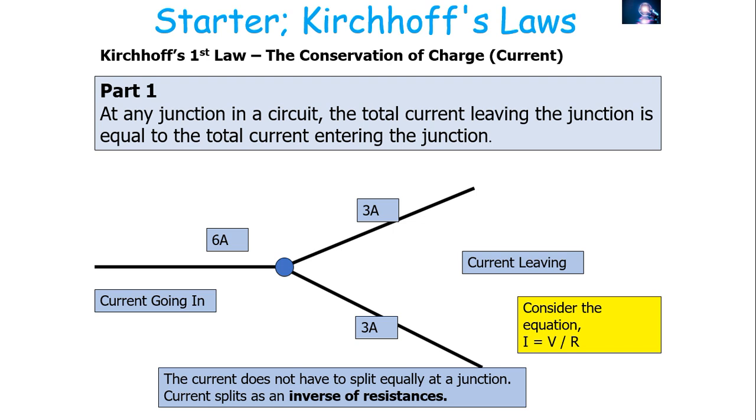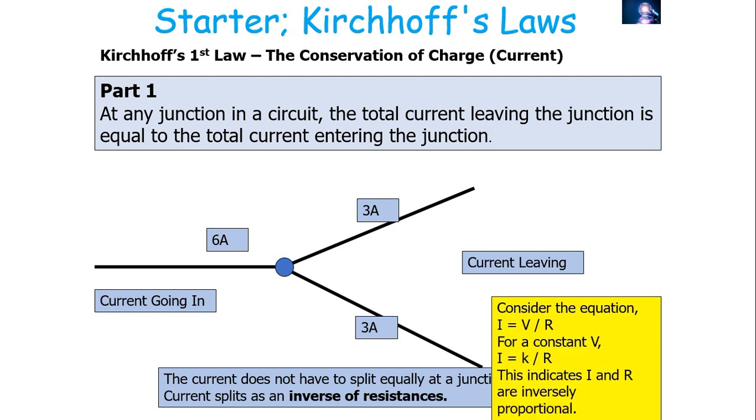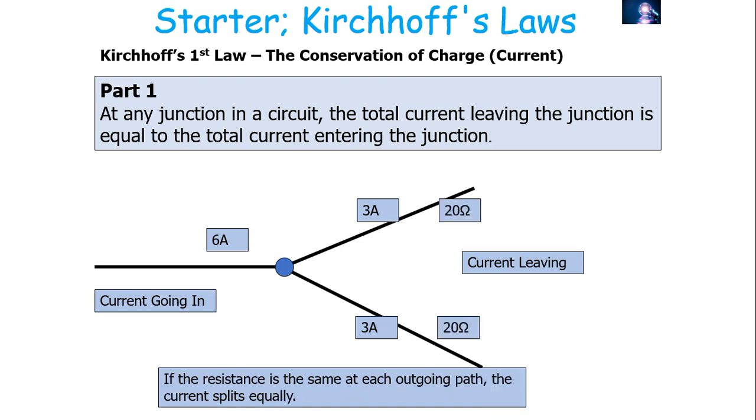Now, if you want to consider it mathematically, consider the equation you covered at GCSE. Current equals potential difference divided by resistance, or I equals V over R. So if we have a constant potential difference, a constant V, we can then pop in a proportionality constant K, so I equals K over R, which indicates to us that I and R must be inversely proportional.